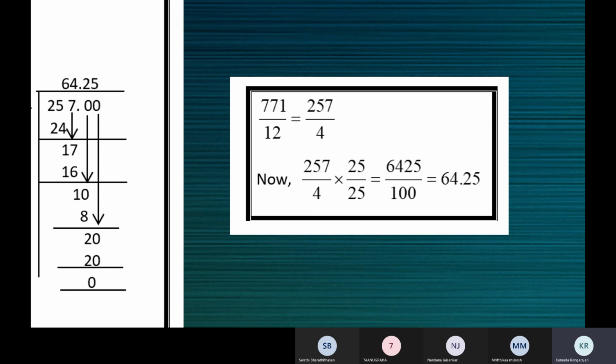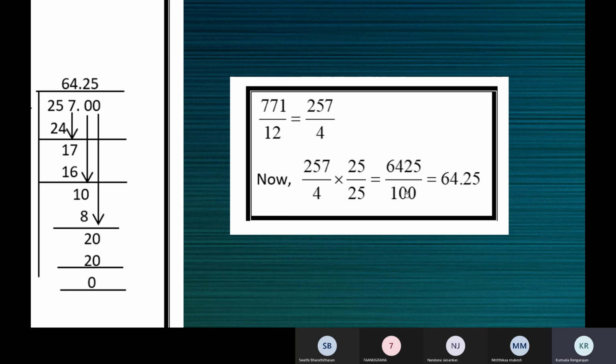The product of 4 and 1, 4 ones are 4, 10 ones are 10, is the number itself. So you're not disturbing the value of 257 by 4. So why do we multiply by 25? We multiply the numerator and denominator by 25 because 4 and 25 give the product 100.